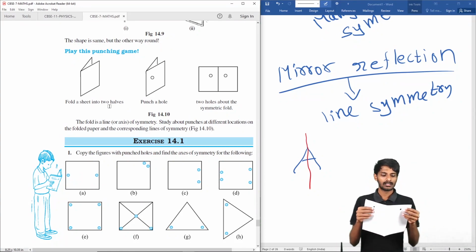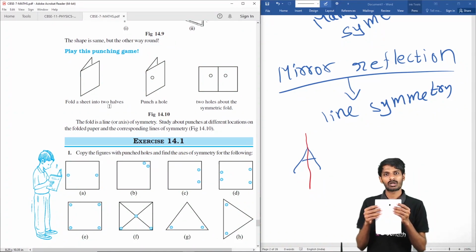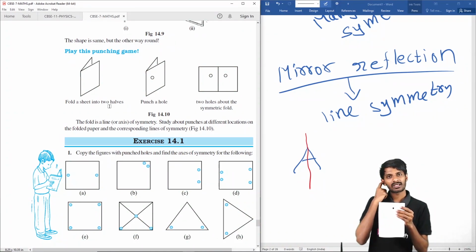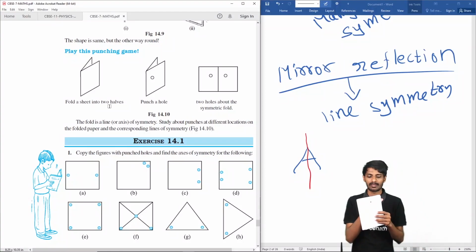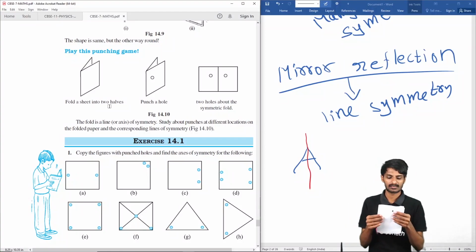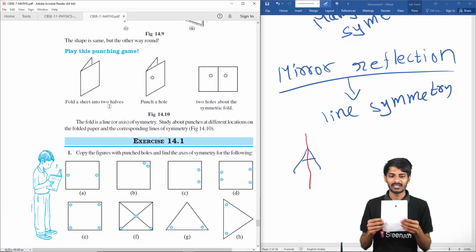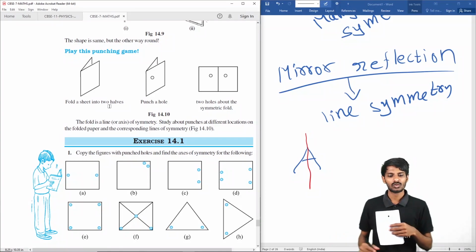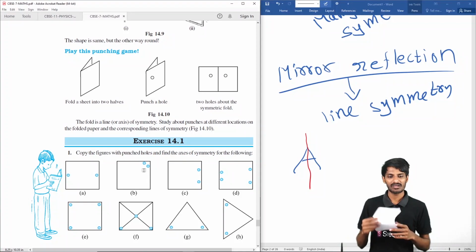If I fold here, we have two holes, but if I place it this way, you get only one hole, which means it is a perfect example of symmetry: when you fold along the line of axis, both sides look the same. So you can do this exercise using the punching game. That's the nice beauty of this subject.